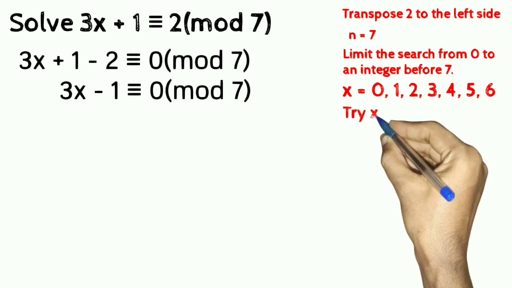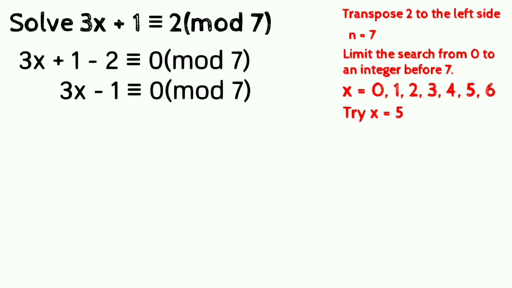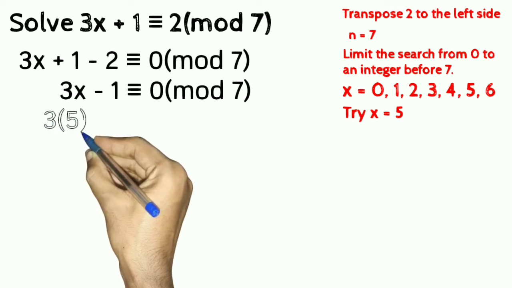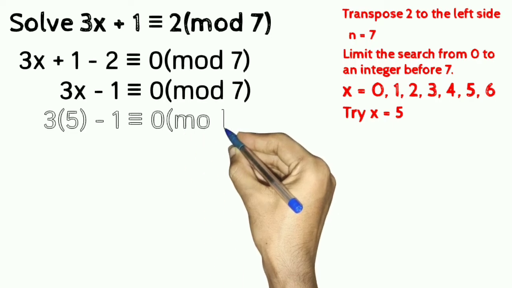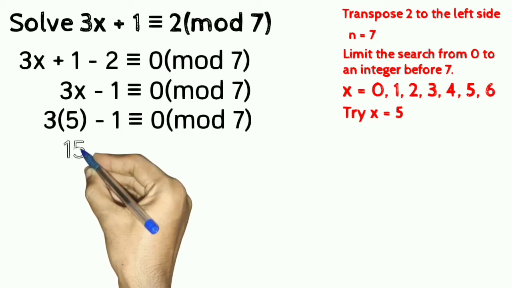Let us try x is equal to 5. 3x minus 1 and 0 are congruent modulo 7. Let's substitute 5 and that will become 3 times 5 minus 1 and 0 are congruent modulo 7. 3 times 5 is 15.